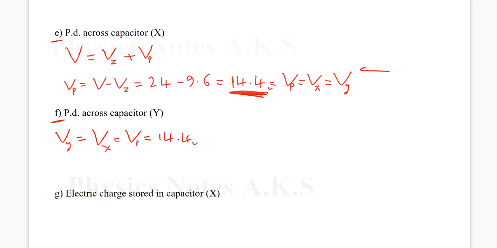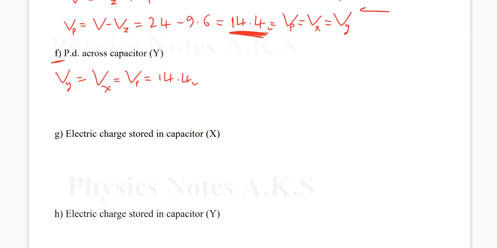Okay, guys? I hope it's clear. Now we go to part G. They want the electric charge stored in capacitor X, so they want me to find Qx. We know that Q in general is C multiplied by V, right?